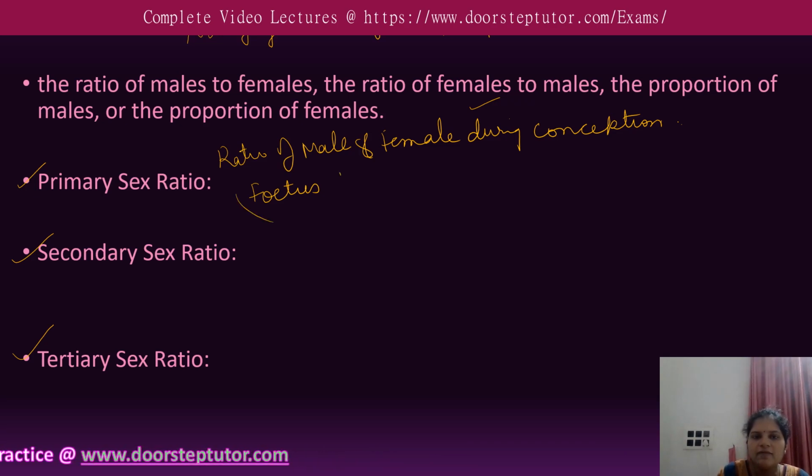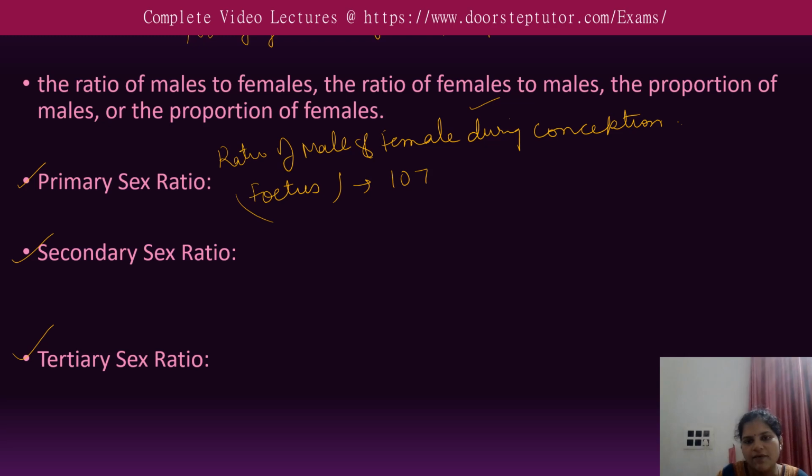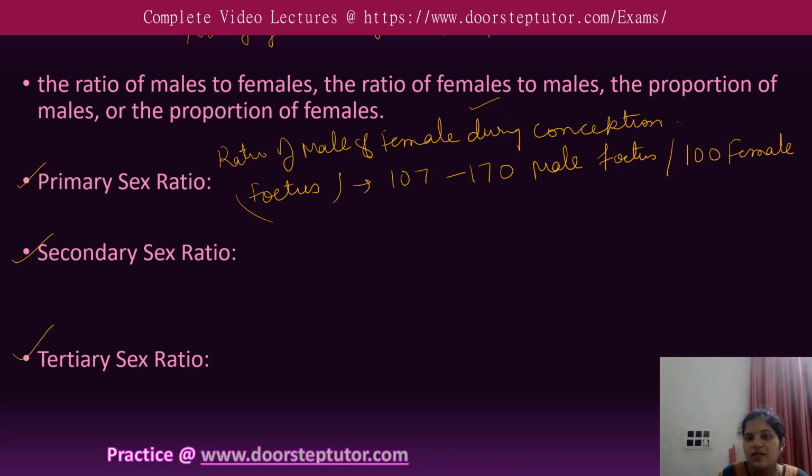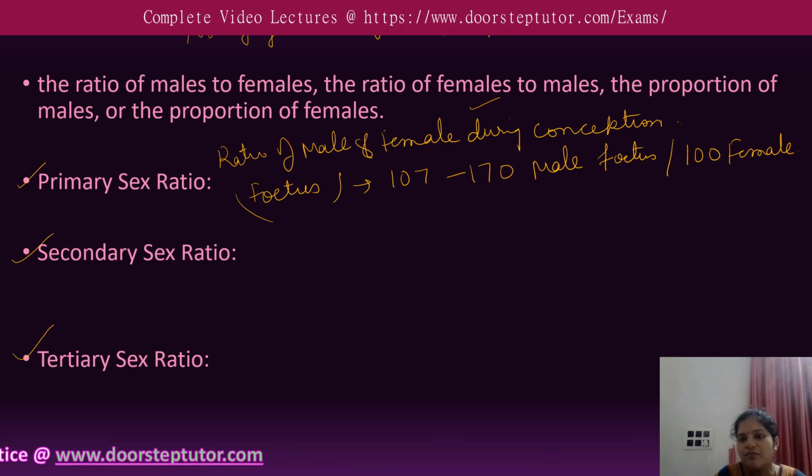Okay. Then it is generally said, it is a natural law, that from 105 to 107 male fetuses are conceived for every 100 female fetuses. So there is an outnumbering of male fetuses over female fetuses. It is just a natural thing.